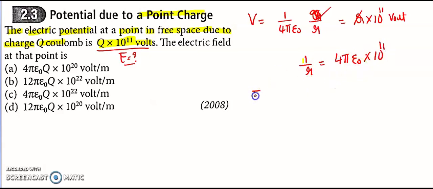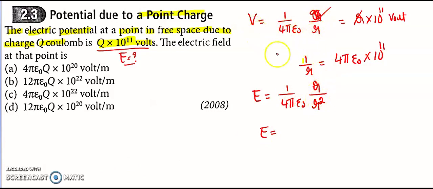But we know that electric field E is equal to 1 divided by 4 pi epsilon naught, Q divided by R square. So E is equal to 1 by 4 pi epsilon naught, Q divided by R, then divided by R again.